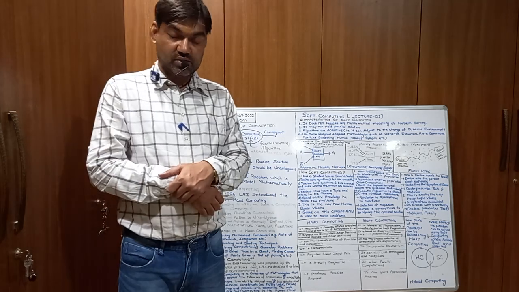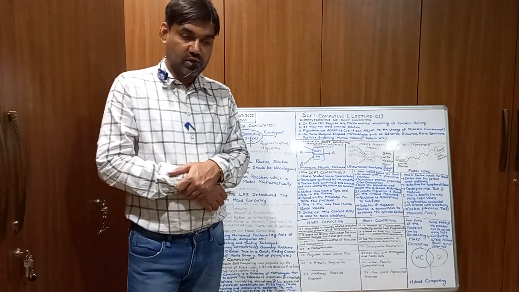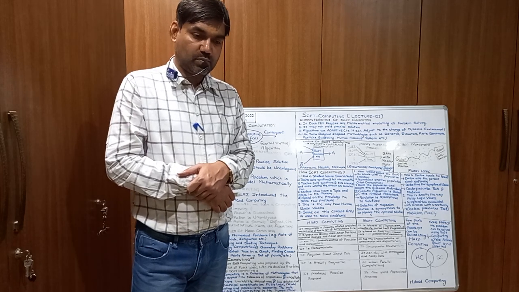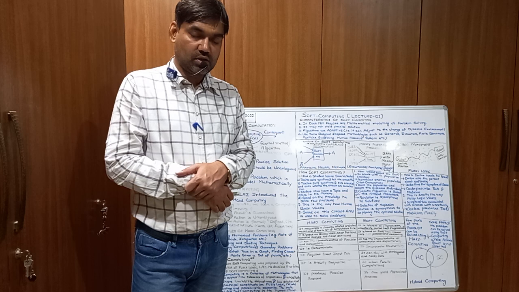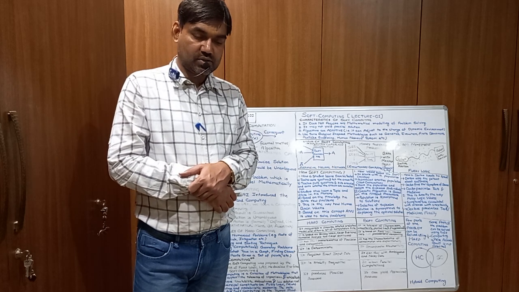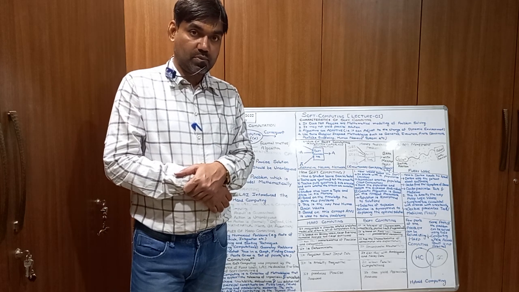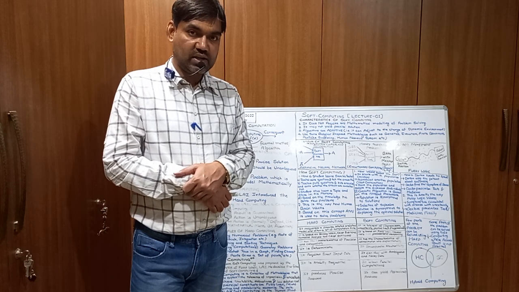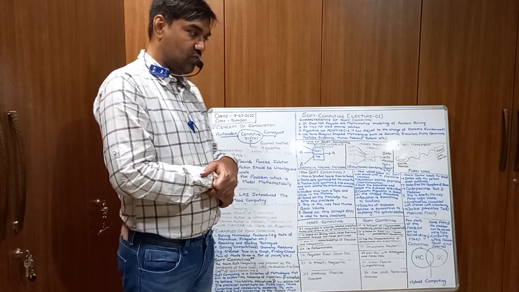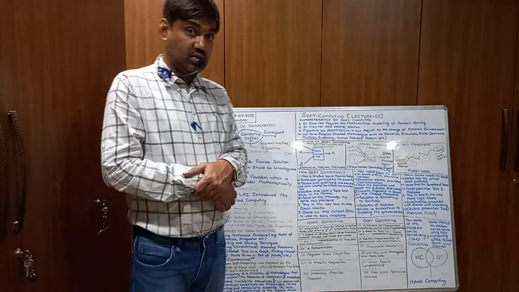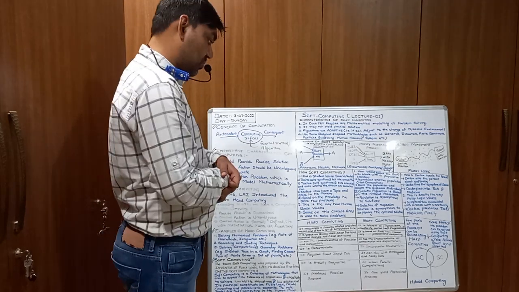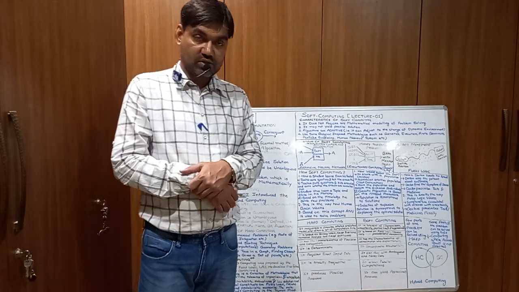Then robustness. Robustness speaks of the input given to the system that is supposed to be called a soft computing system. It may comprise noise. The system should be capable of handling the noise present in the input, and this feature is represented by the word robustness. Low solution cost.